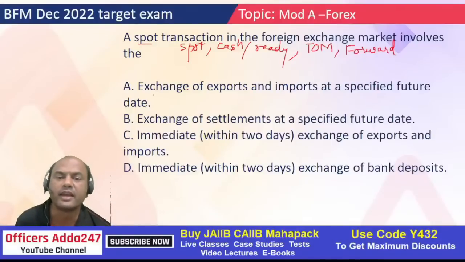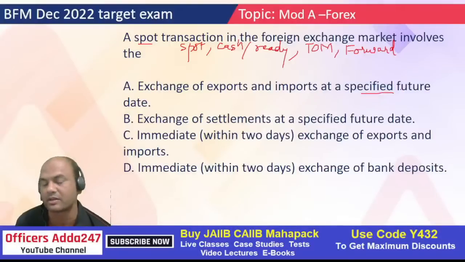So let's see. Exchange of export and imports at a specified future date. I'll give you a hint, all these 4 are over here. Let me see who can answer this. At a specified future date. Is it spot, cash, Tom or forward?